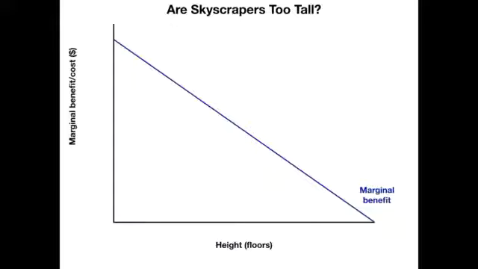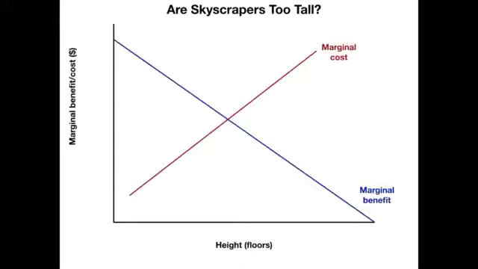As the building gets taller and taller, you have to install more and more banks of elevators to effectively move people up and down, but that means you're taking away space from existing floors. So the marginal benefit of additional floors is decreasing, because you need additional elevators that take up space on the lower floors as well.